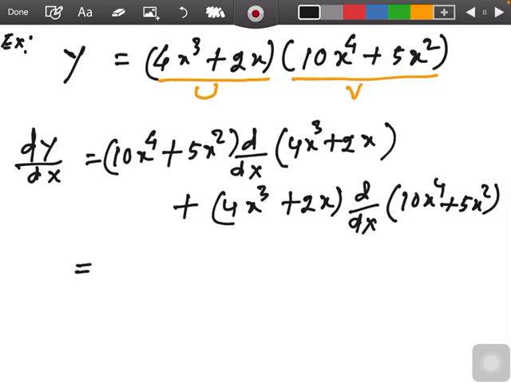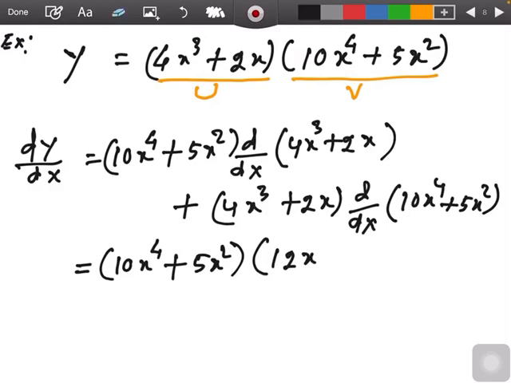So this will be 10x to the power 4 plus 5x square. इसका डेरिवेटिव लेंगे 4x cube प्लस 2x. इट विल बी डायरेक्टली मैं कर रहा हूँ 4 इंटू 3, 12 x टू द पावर 3 माइनस 1 इक्वल टू 2, प्लस 2x का डेरिवेटिव 1 तो 2.